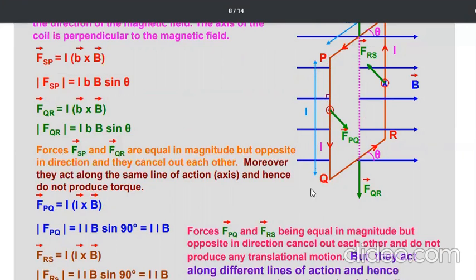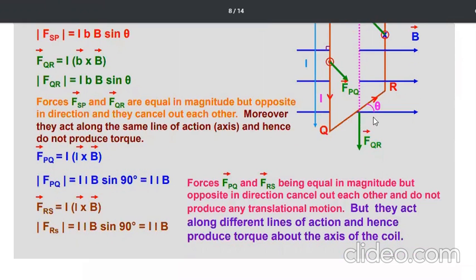Here I in bold is the current, and the small letter L indicates the length of the rectangular coil.